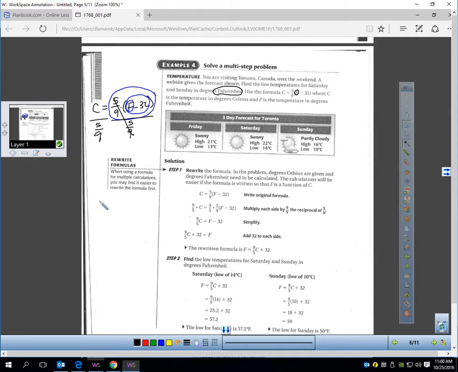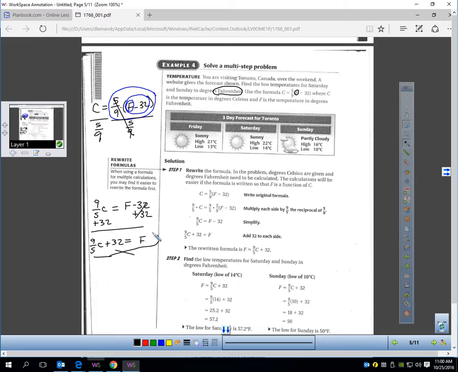I'm going to take C and multiply it by 9/5 because that looks nicer. That should equal F minus 32. Okay, next step. Let's add 32 to each side, and my Fahrenheit temperature should equal 9/5 Celsius plus 32. So I just rewrote the formula for Fahrenheit.